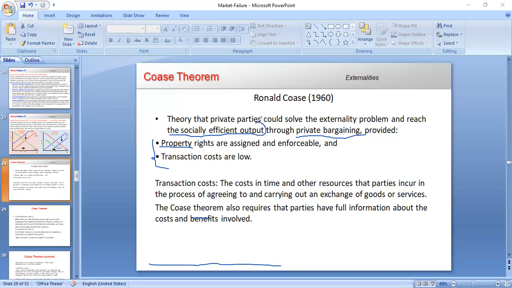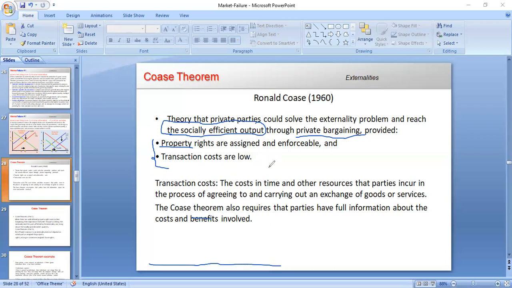Remember, the socially efficient output is attained at that point of equilibrium that you've been looking at, where the marginal social benefit is equal to the marginal social cost, right? So if it was pollution, who are the two parties?